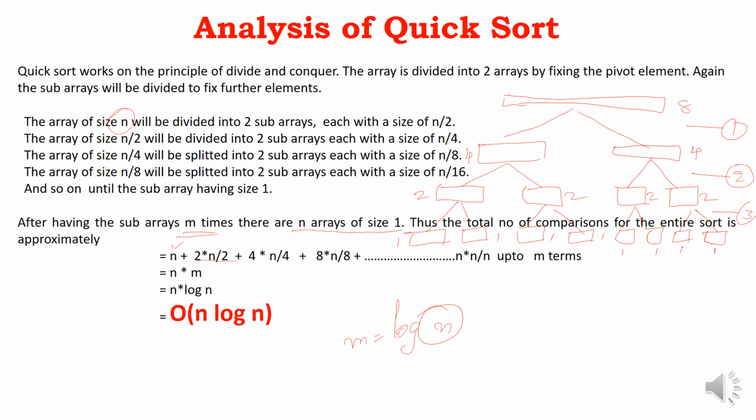That is, the array is divided into n by 2, 2 n by 2s, then 4 n by 4s, then 8 n by 8s, then n into n by n times. So, a total of m terms. So, it is n into m. m is nothing but log n, so n into log n. So the time complexity is treated as order of n log n.